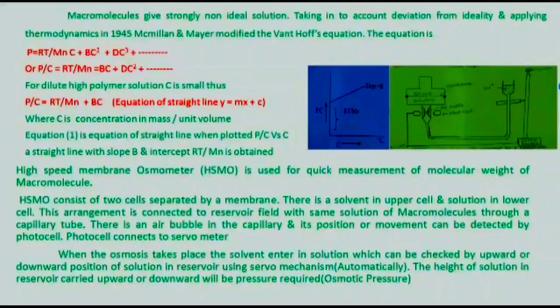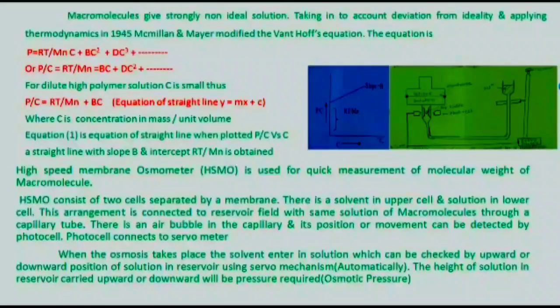So by taking C common and shifting towards left hand side, we get the equation P by C is equal to RT upon Mn plus BC plus DC square and so on. For dilute macromolecule solution, C is small. Therefore, DC square and onward terms are neglected. Thus, equation becomes P by C is equal to RT upon Mn plus BC.